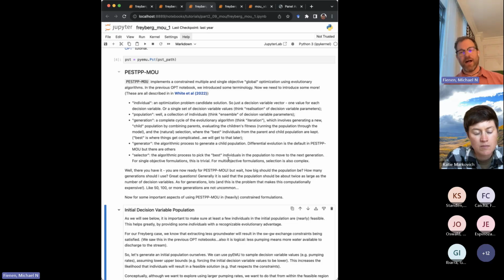So the way the evolutionary algorithm works is it takes a population and then it mixes different characteristics of the solutions in that population and looks at what that does to select what is more fit. This is very much like evolution in natural systems, like survival of the fittest, right?